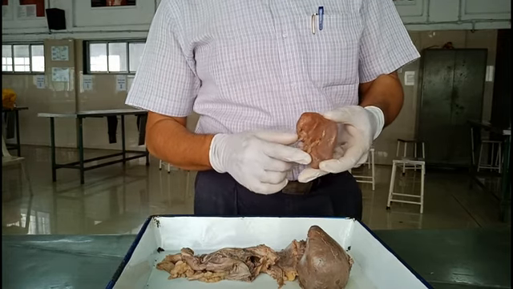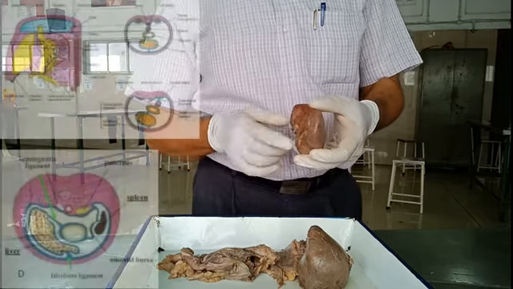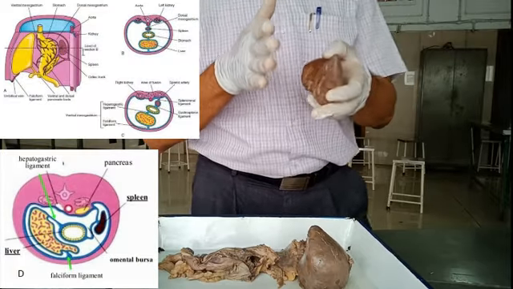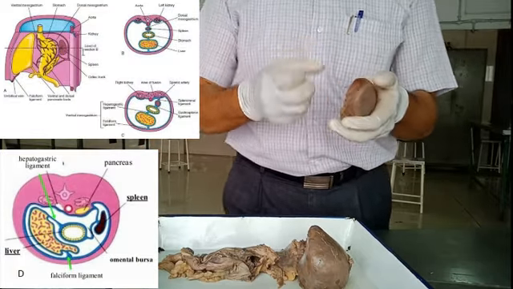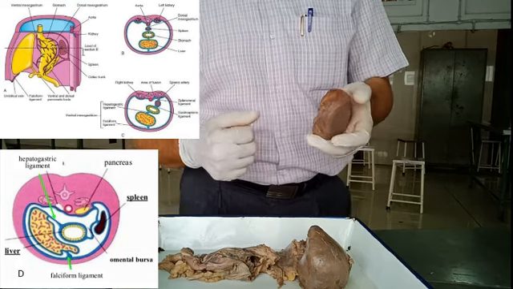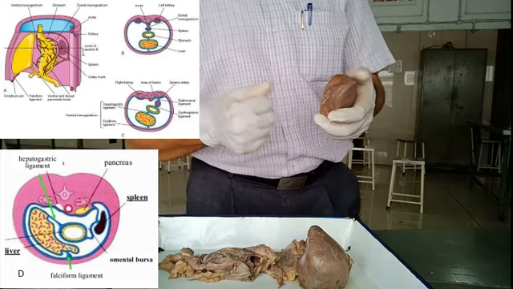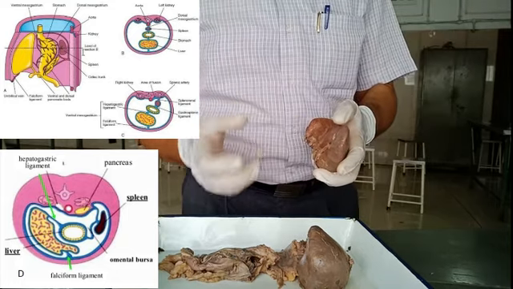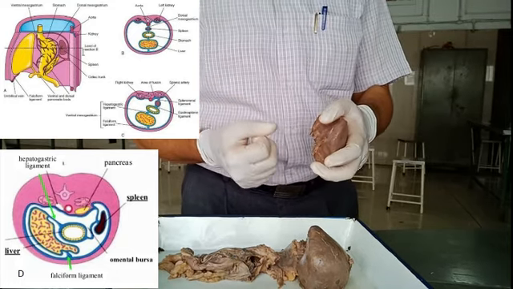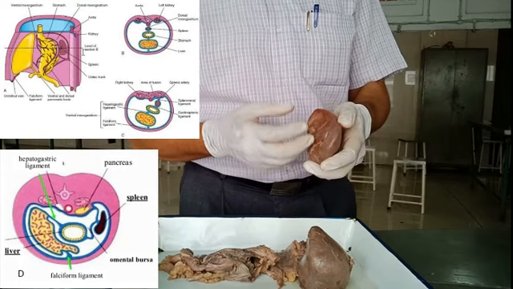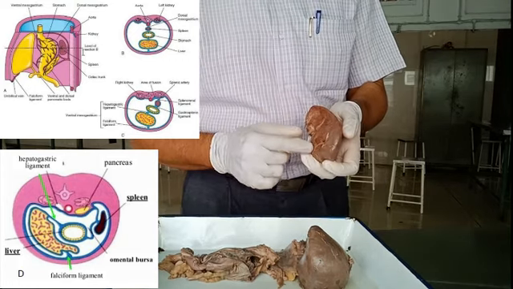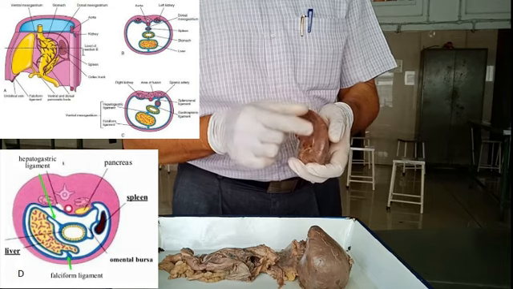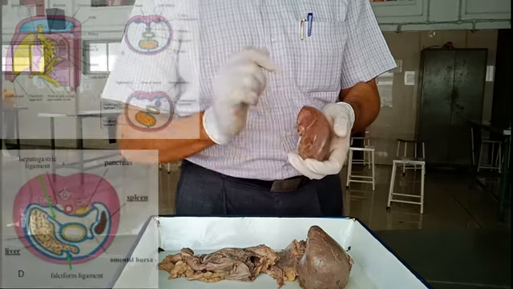Now regarding embryology, the spleen develops in the upper part of the 2 layers of the dorsal mesogastrium from a number of condensations of mesenchymal cells. These separate masses of mesenchymal cells condense and form the lobulated spleen. That's why we are getting the notches in the anterior part of the superior border.